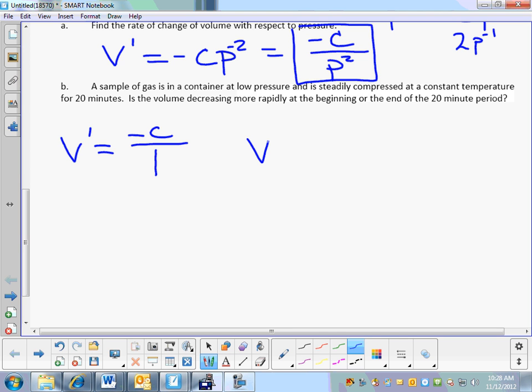Let's then try something else. Well, we'll say after it was squared, it was 1. Doesn't matter, okay? Now, let's say that the pressure is increasing, okay, because we're continuing to compress it. Negative C over 2.